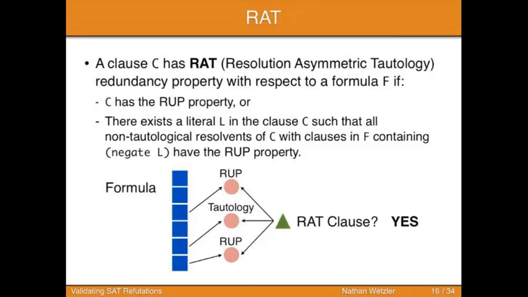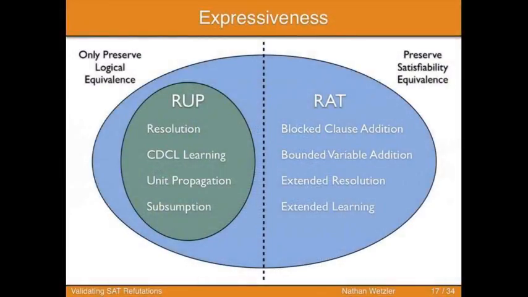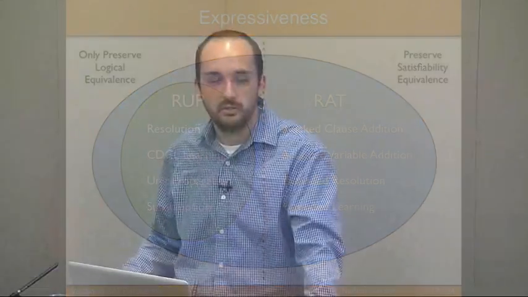You may ask, why do we need this RAT property? Why can't we just continue to use resolution or reverse unit propagation to establish our proofs? Well, it's because the RAT property is much stronger than the RUP property. On the left, I have the RUP property, which can be used to express techniques such as resolution, CDCL learning in SAT solvers, unit propagation, and subsumption.